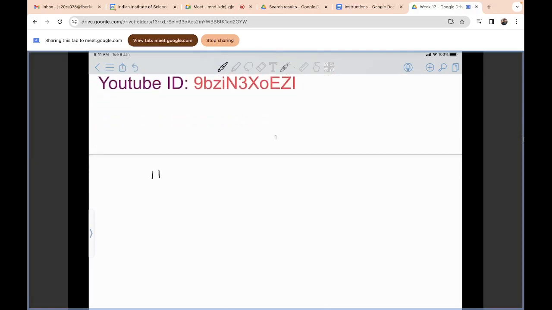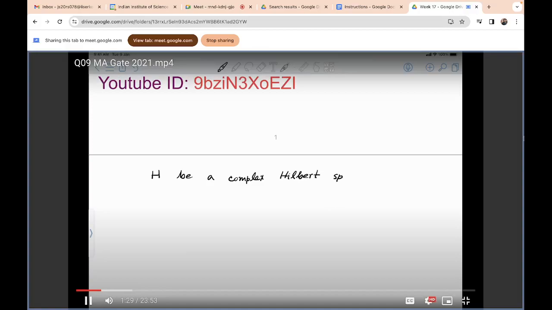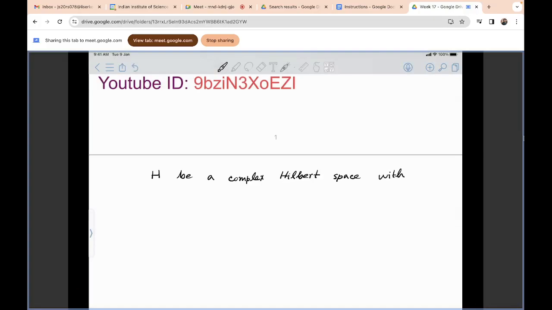H is a complex Hilbert space, with orthonormal basis e_n.